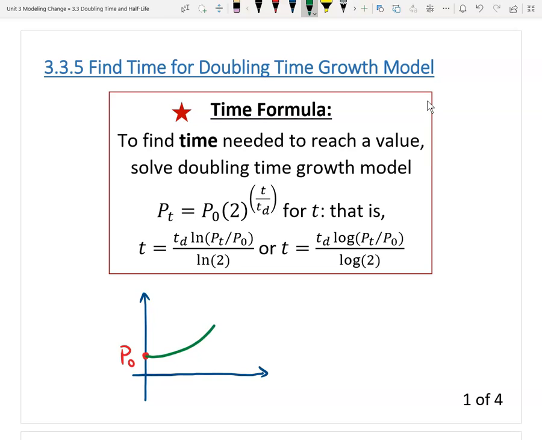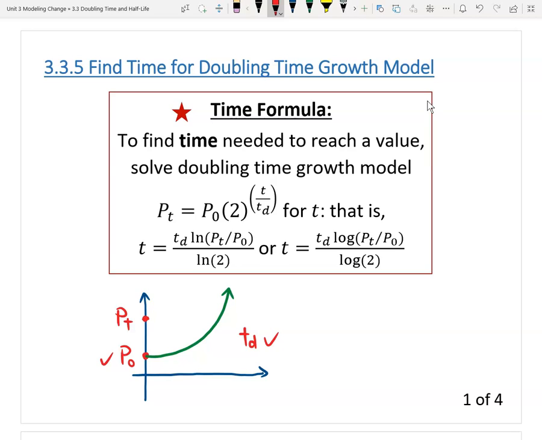It goes up. Knowing the model means we know the doubling time, right? Let me put here the doubling time TD we know. The initial value, of course, we know. And then given any future value, let me put here, called PT, because the doubling time growth model grows up into infinity.